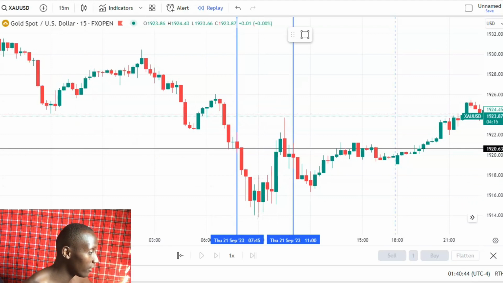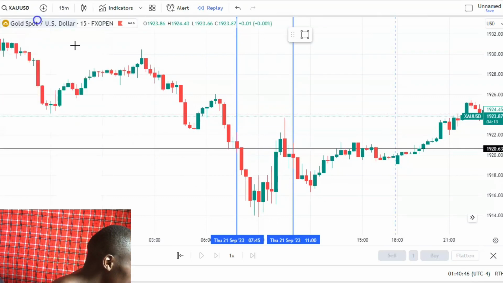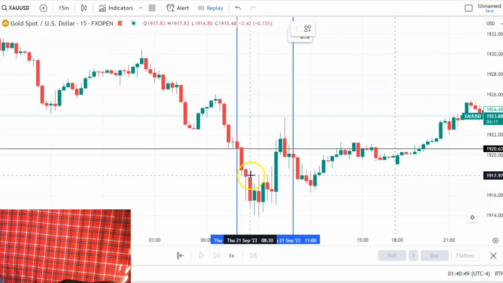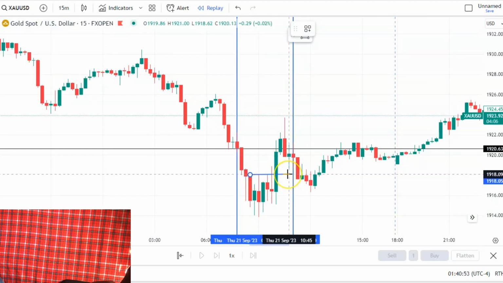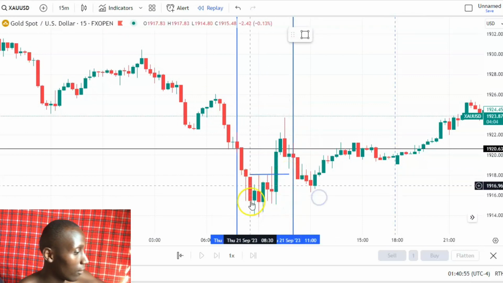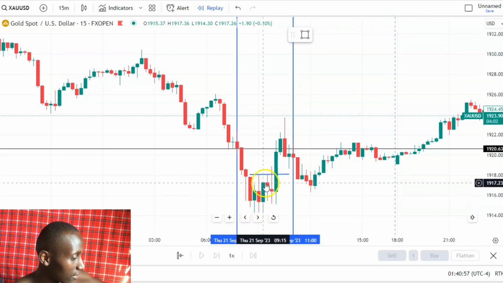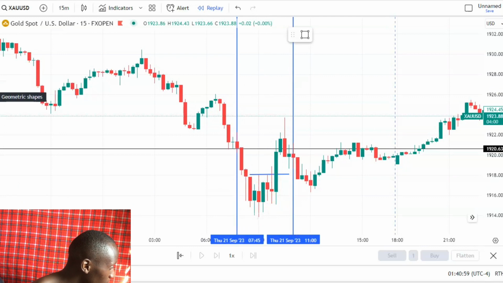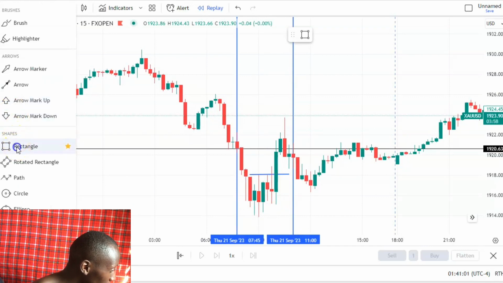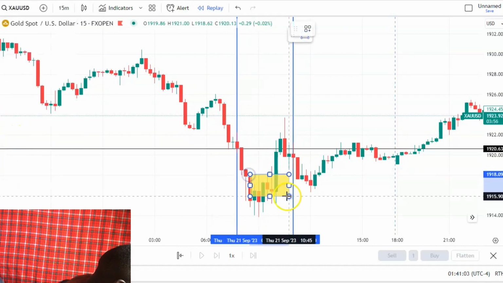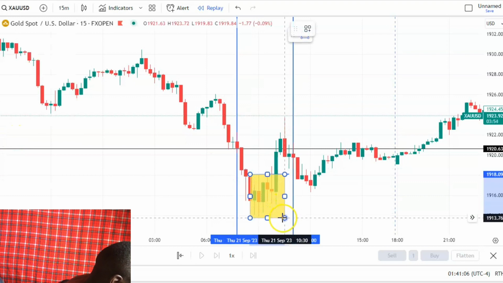And this is where it is crucial. If we don't have a breaking structure, price breaking out there, most traders get trapped here because this is not a W pattern.